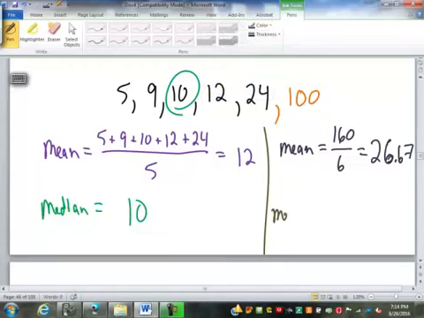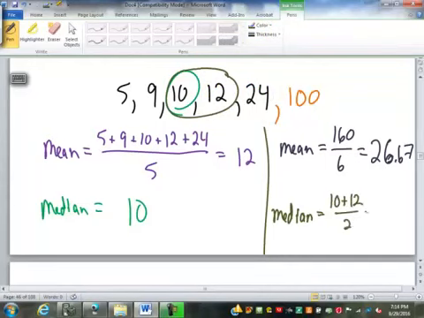My median is now between 10 and 12. Sorry. Yeah, I'll do my calculation before I finish talking. Between 10 and 12. 10 plus 12 divided by 2 is 11 is my median.